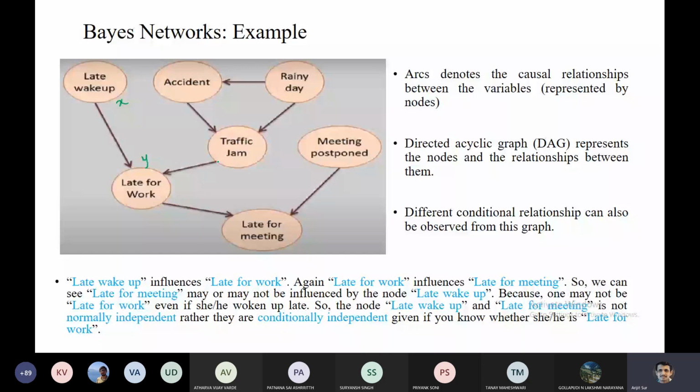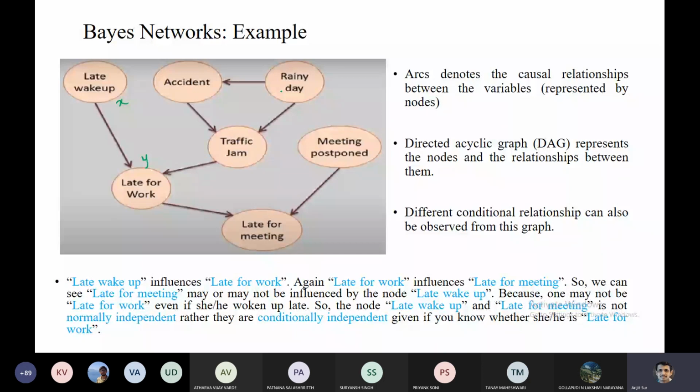Traffic jam again may be due to some accident somewhere on the road, or traffic jam may be due to rain. So rain may cause traffic jam. Accident also causes traffic jam. Again, this accident may be due to rain. That is also possible.